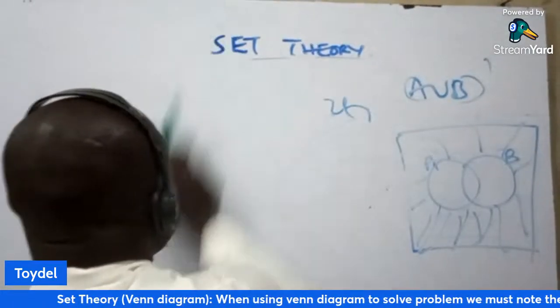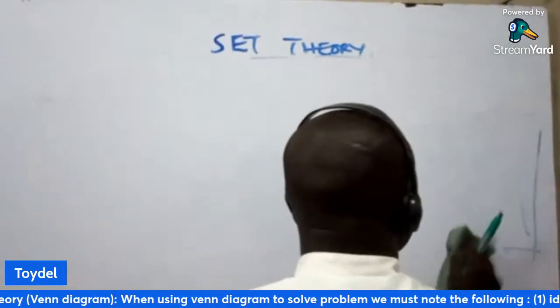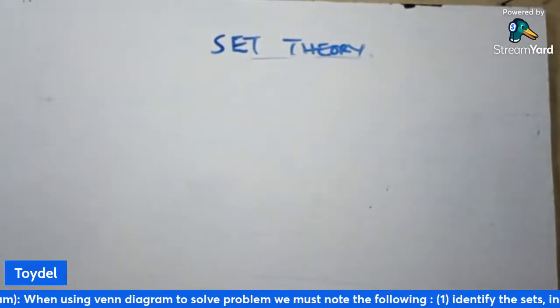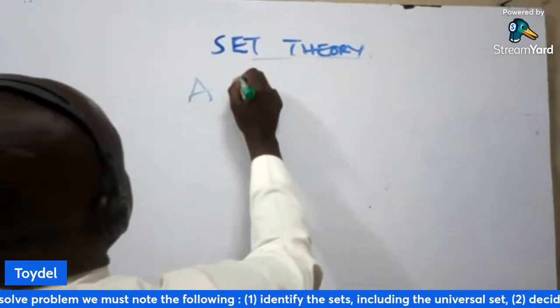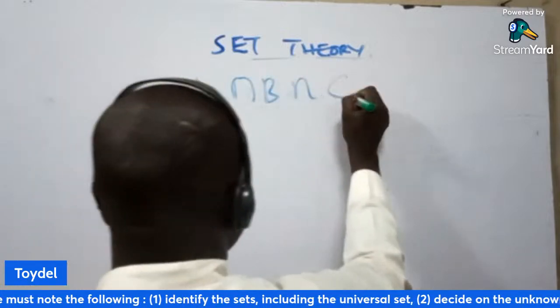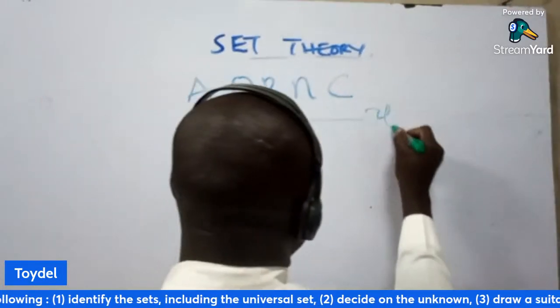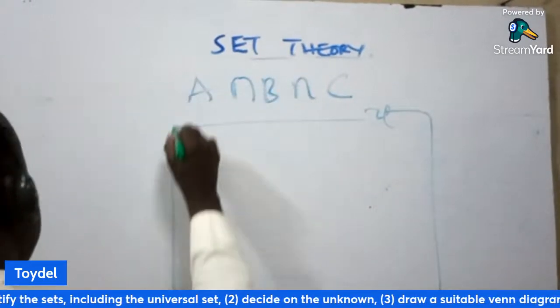What if we now have three sets? What are we going to do? If you have three sets, let's say A intersection B intersection C, it is still the same thing. Of course, the universal is in rectangular form.